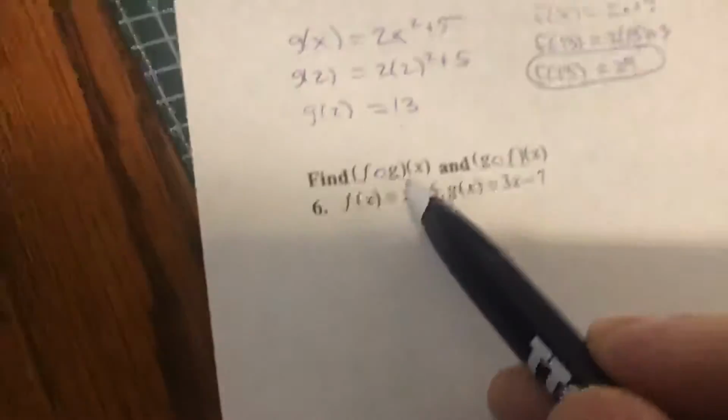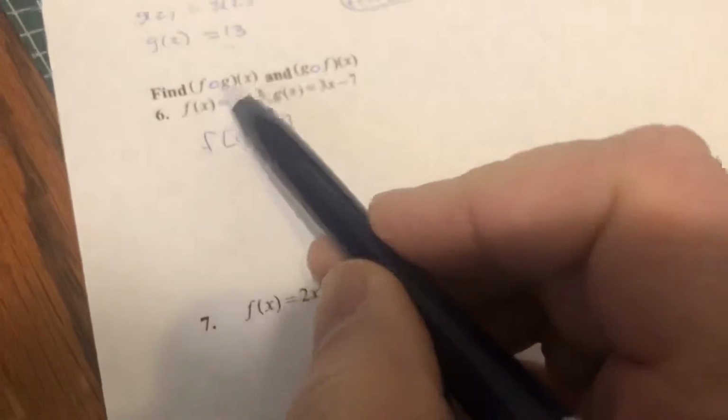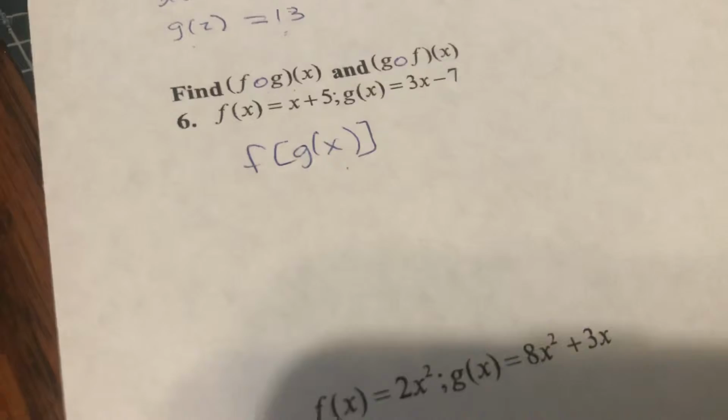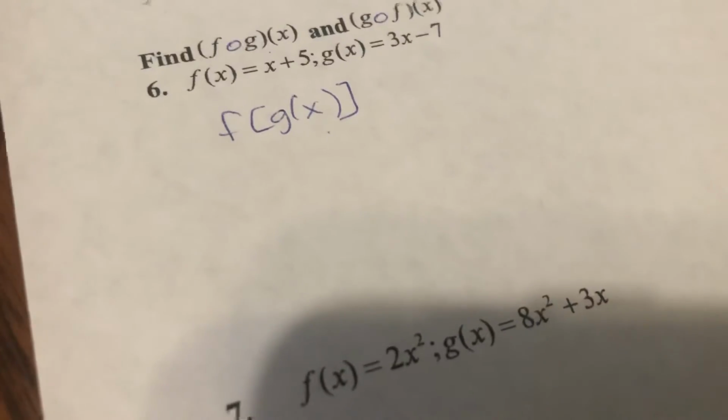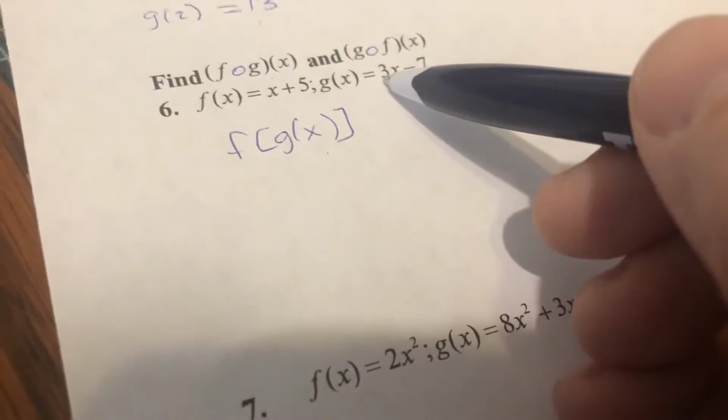Okay, so now let's do some with just x's. So we have to find f of g of x, and then we have to find g of f of x. Again, I prefer to write it in that way. Unlike the last problem where it said find g of 2 or f of 2, this just says g of x, so I'm just going to do a simple substitution step.